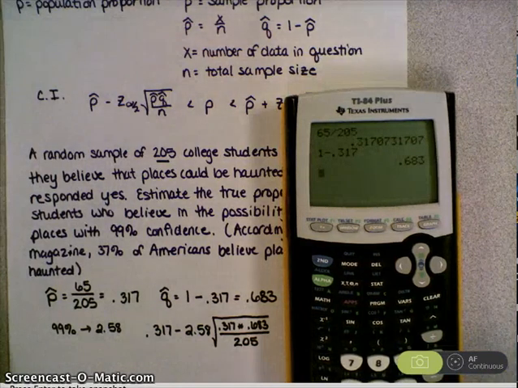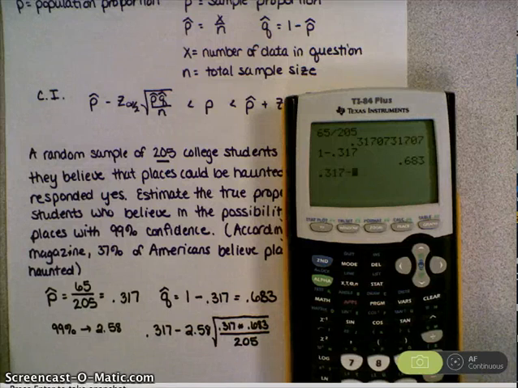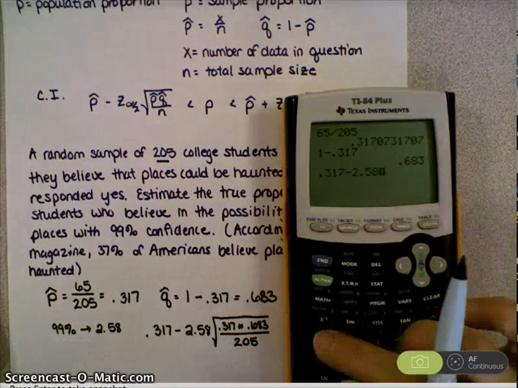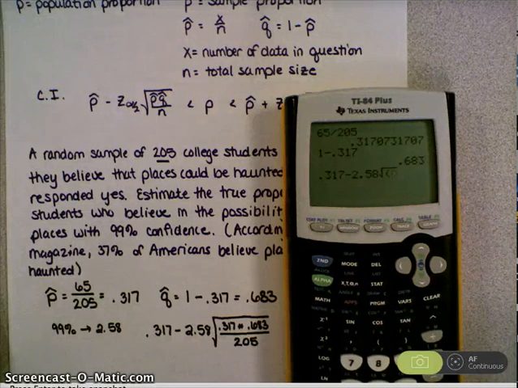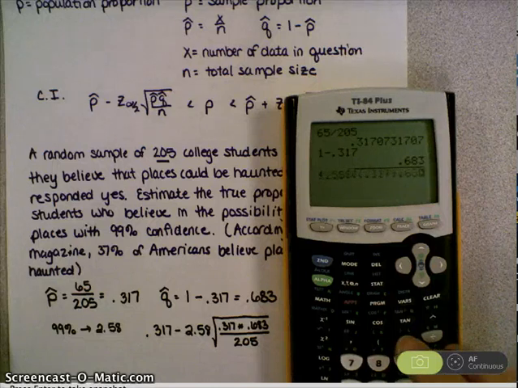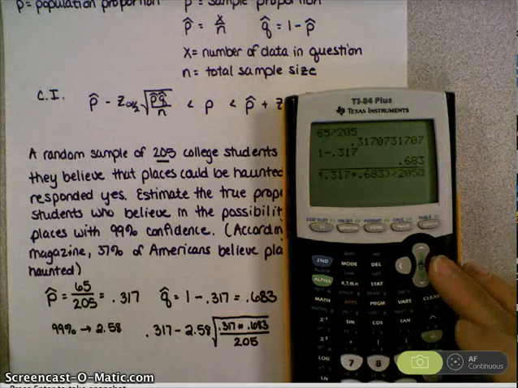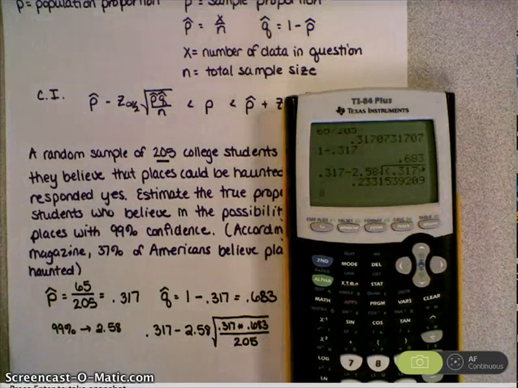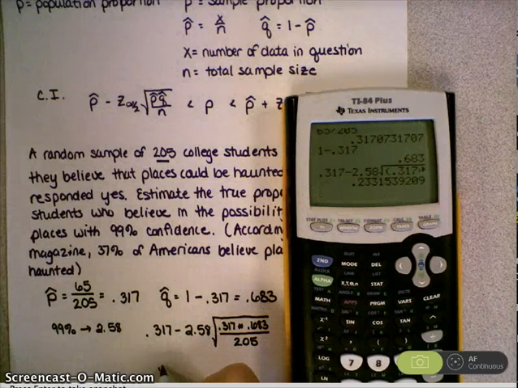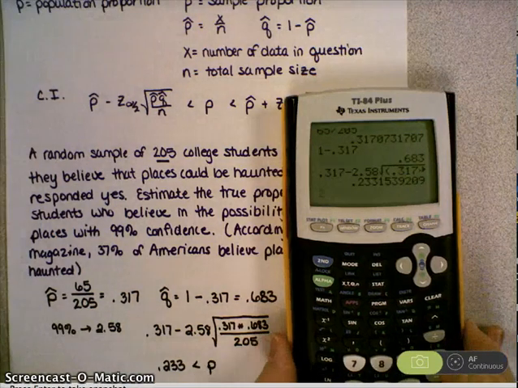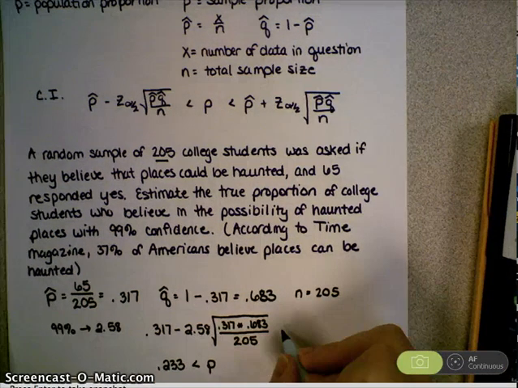I'm going to type in 0.317 minus 2.58 square root, and I want the multiplication in parentheses, so 0.317 times 0.683, and then divide that by 205. That's all underneath the square root. That gives me an answer of 0.233. That's the lower end of my proportion.